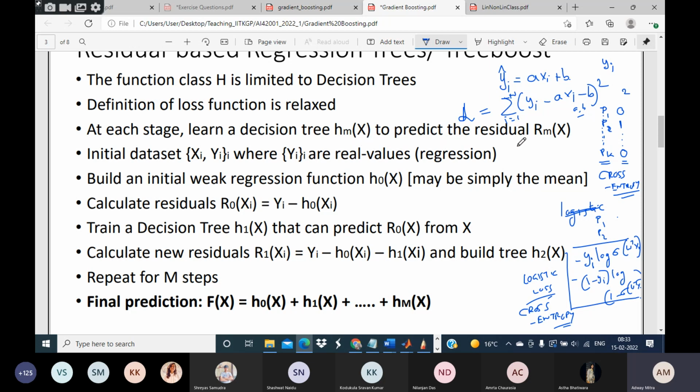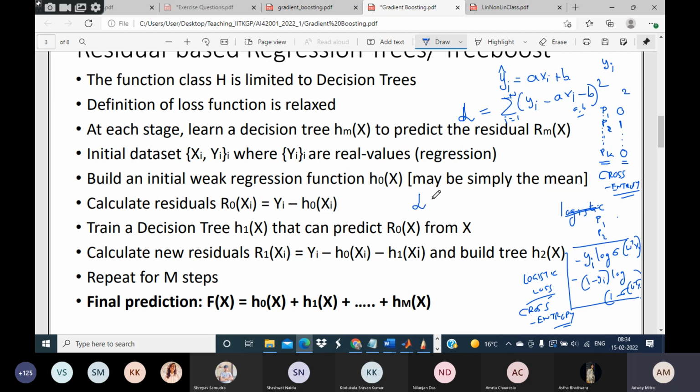According to the book definition of a regression or classification algorithm, there has to be a function class with parameters, and there has to be a loss function.